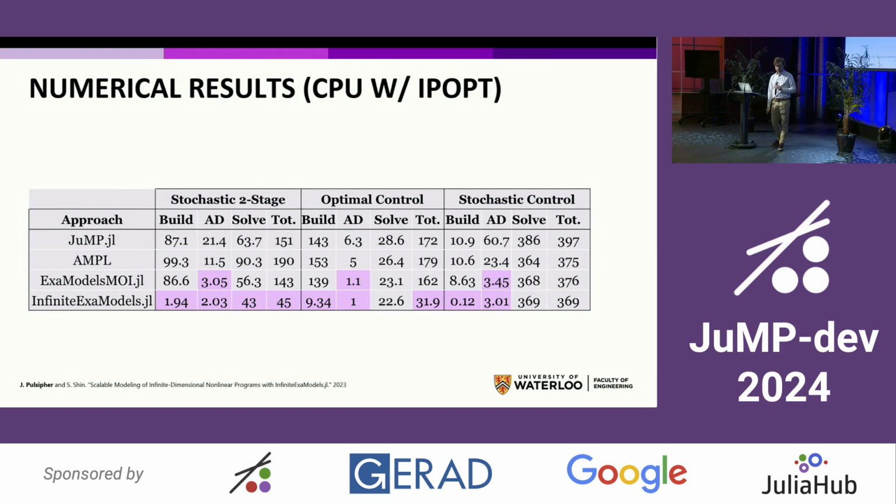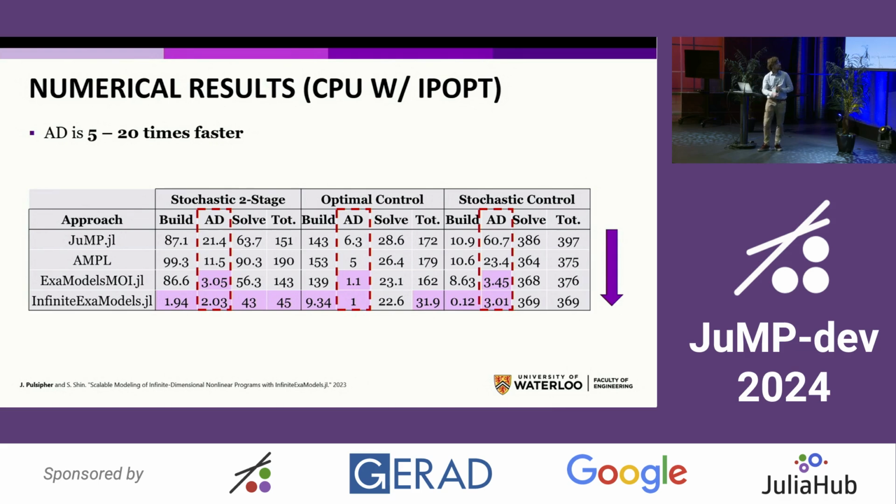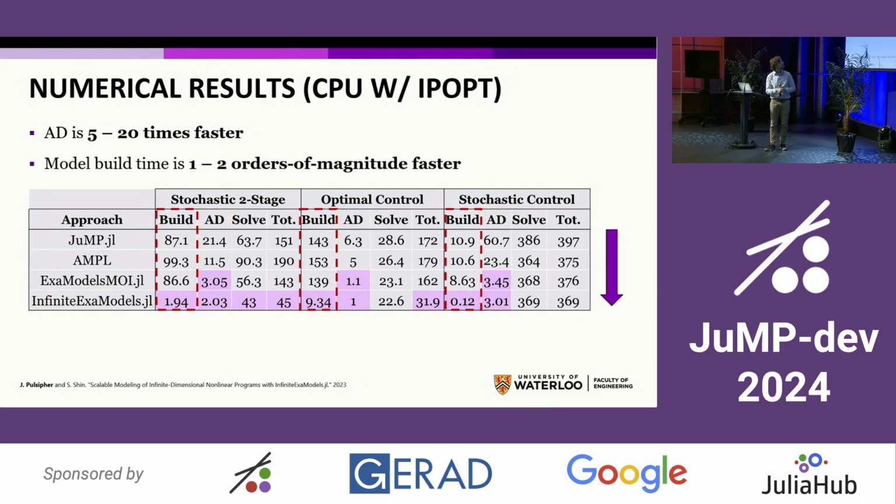So these are the numerical results with CPU. Even on CPU, we've noted with this repeated structure, we get significant speed up on the automatic differentiation. Quite a bit faster in both ExaModels and InfiniteExaModels. Again, we do a little bit better on InfiniteExaModels because we have a better EXA model structure that's more efficient than the pessimistic ones you come up with through the other interface.